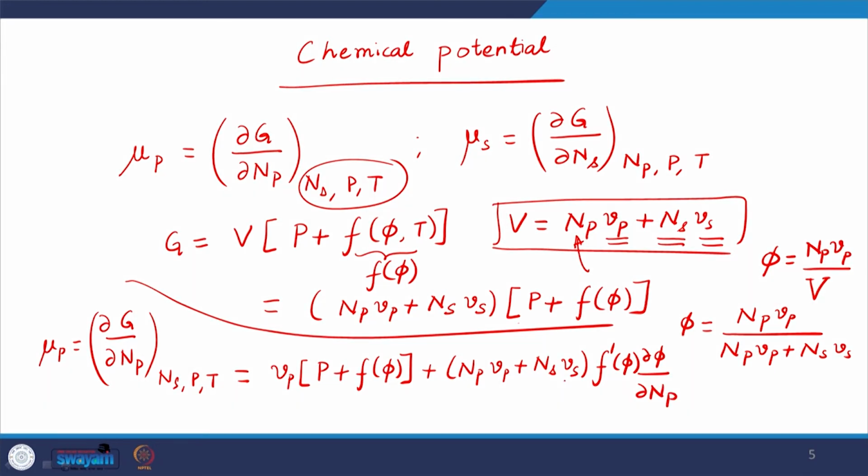So, let us first find what is ∂phi/∂N_p here. So, I said phi is equal to N_p V_p divided by N_p V_p plus N_s V_s.